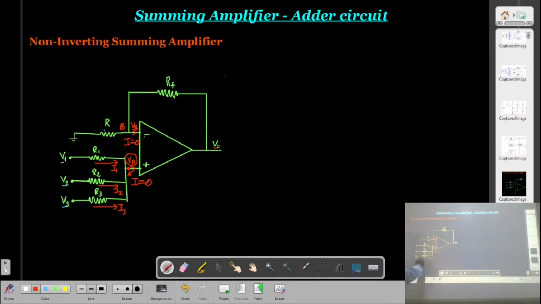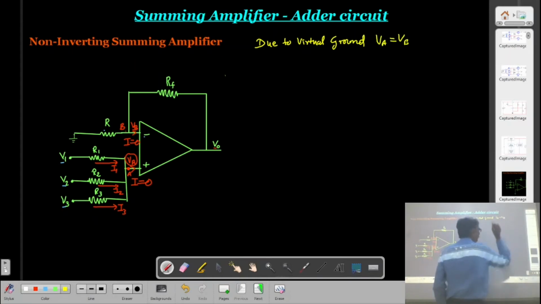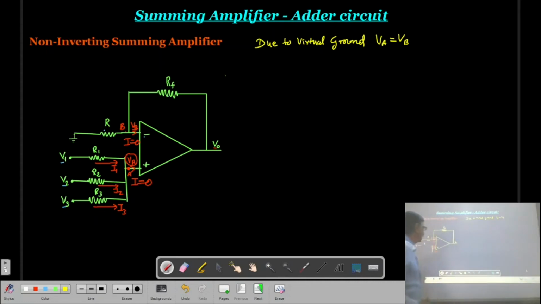Correct? So here let us say that due to a virtual ground, VA will be equal to VB. Now I1 will be equal to, here if you see, the current I1 that is passing through the resistance R1.